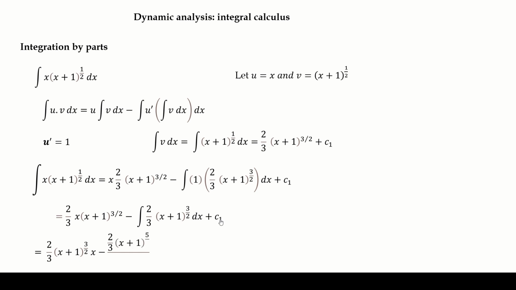Since we are doing the integral a second time, we will have another constant of integration, which we will call C2. We can add them together and call it a new constant of integration, such as C3. So we proceeded with integration by parts by assuming one function as u, another as v, and we applied this formula.